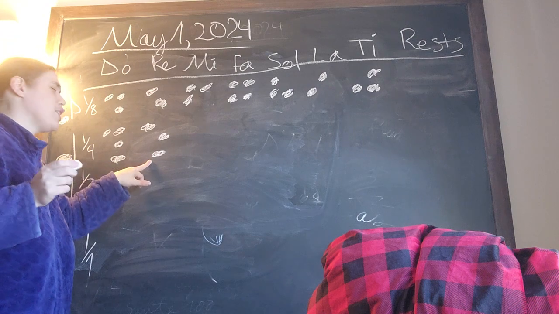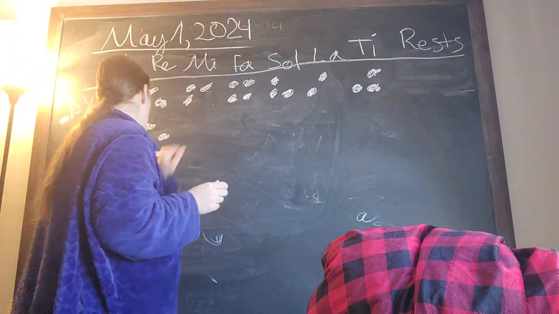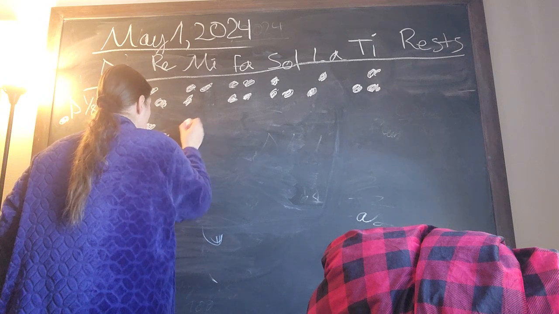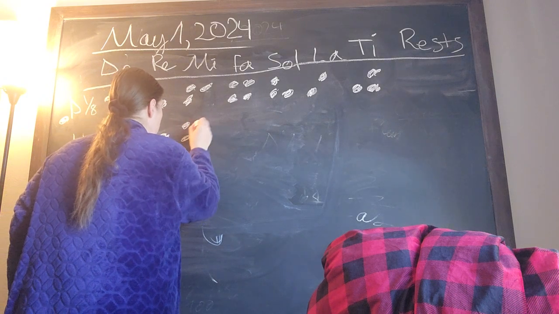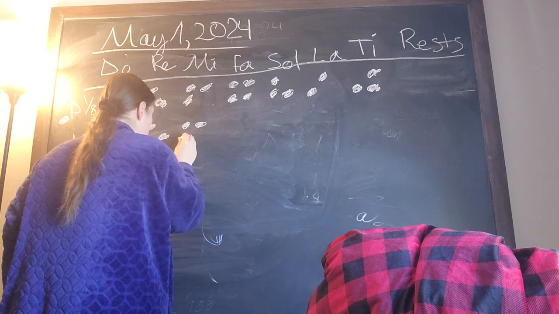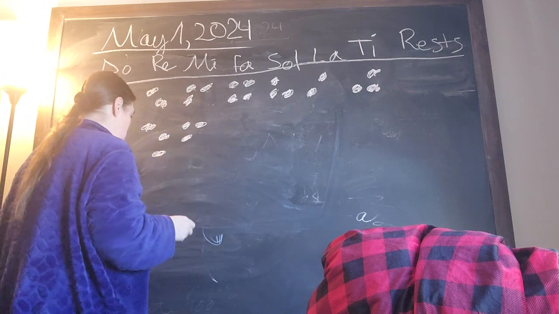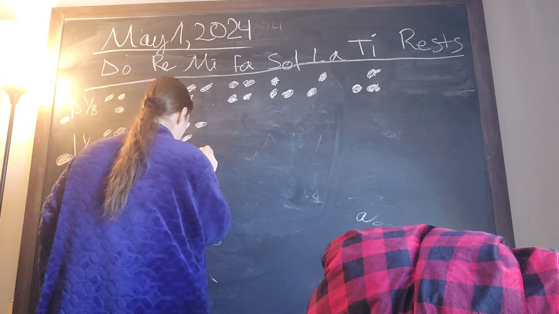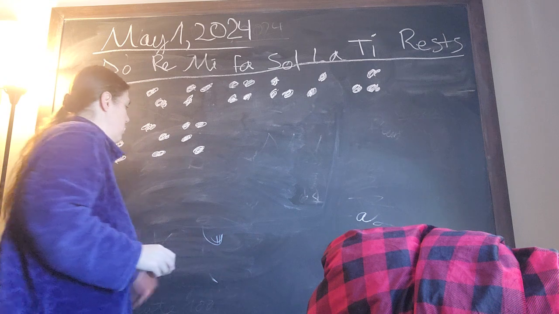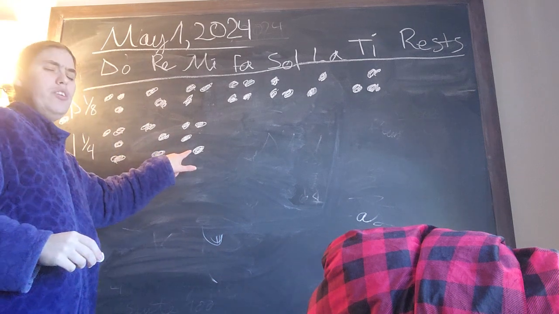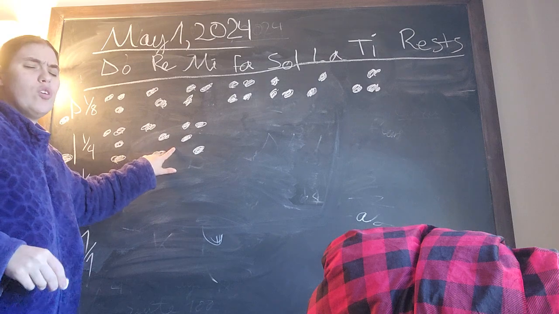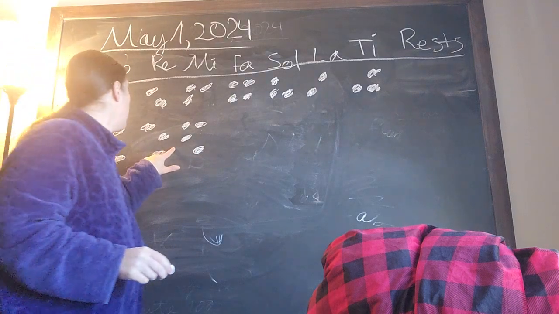Next we have mi. Draw the pitch mi. That's 1, 2, 4. That's your pitch mi, and if we add dot 3, that is what your note looks like in Braille for a quarter note mi.